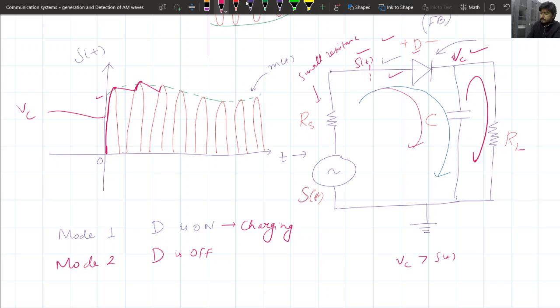Hence this charging and discharging will continue until the envelope has been traced.